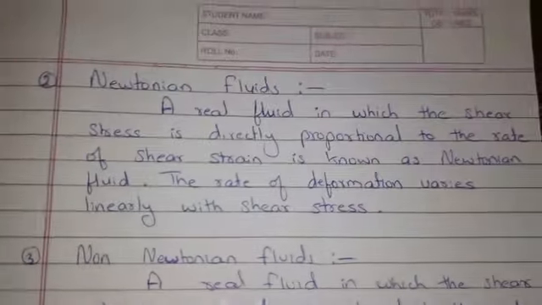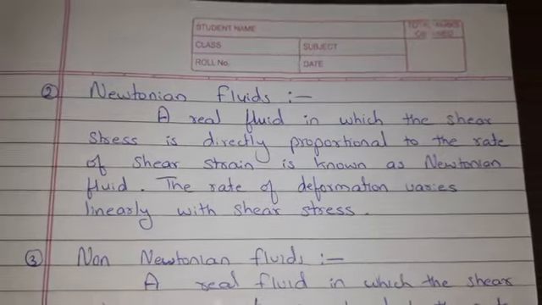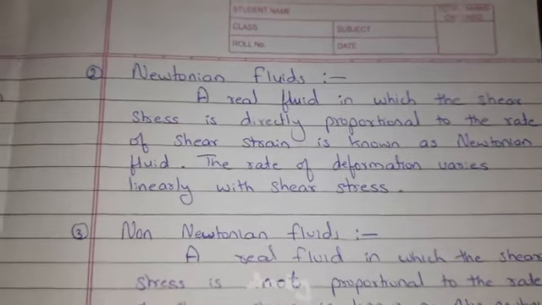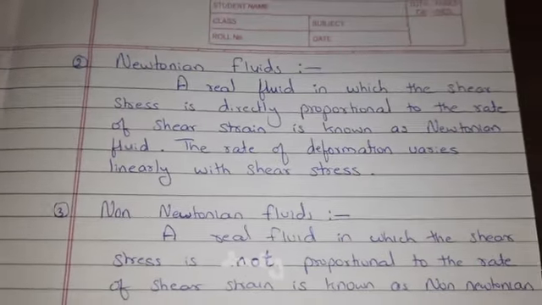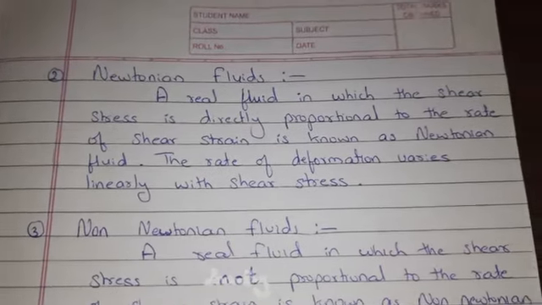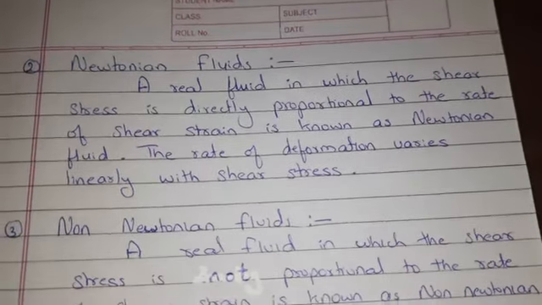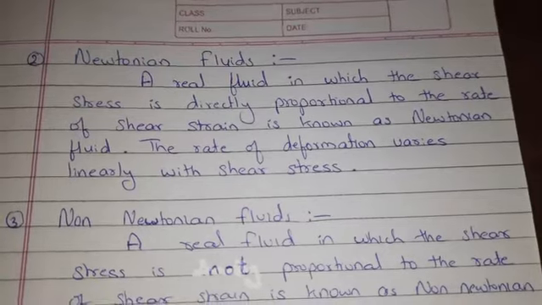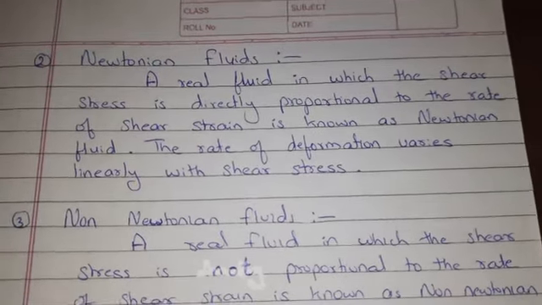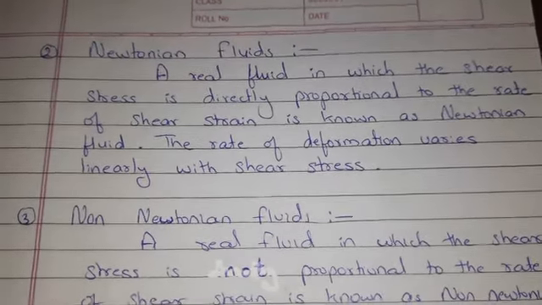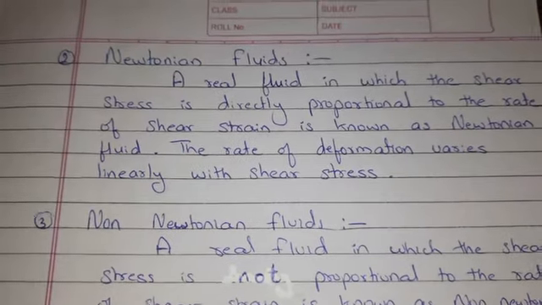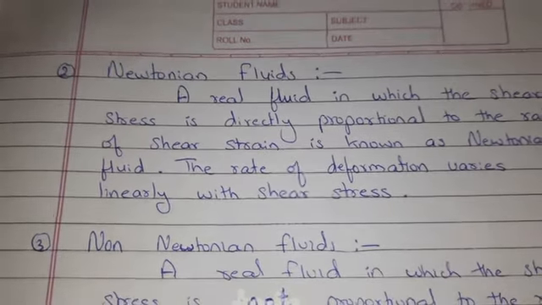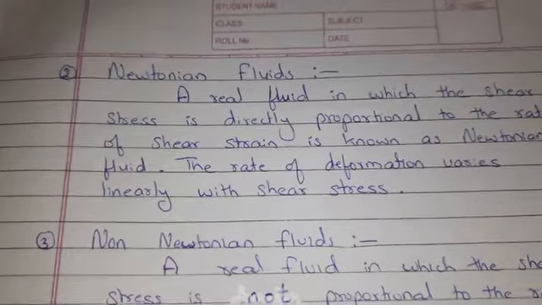So moving over to the second one, that is the Newtonian fluid. Okay, so a Newtonian fluid is a real fluid in which the shear stress is directly proportional to the rate of shear strain. So a Newtonian fluid means a fluid in which shear stress is directly proportional to shear strain.